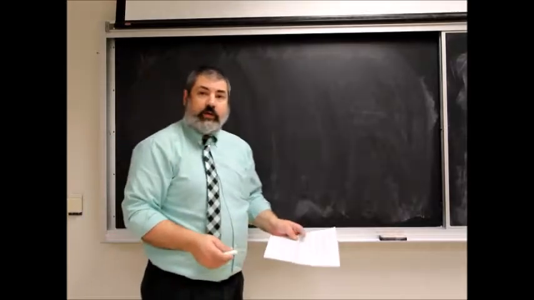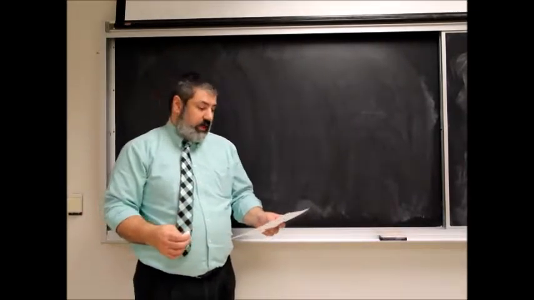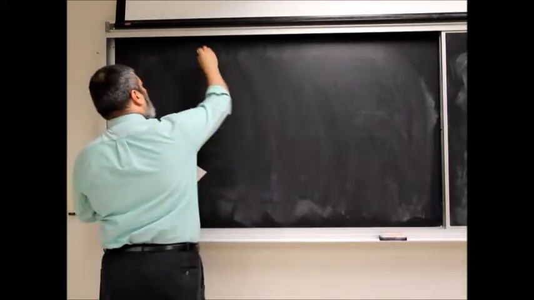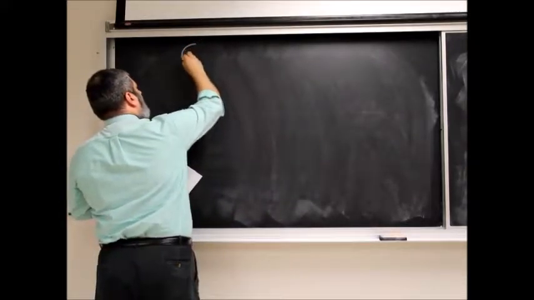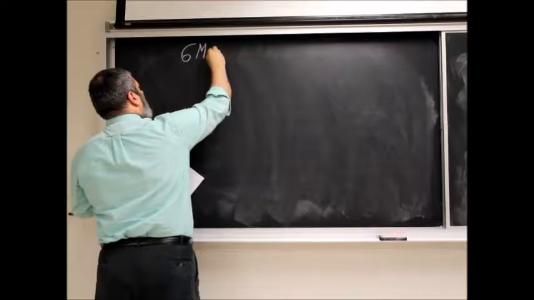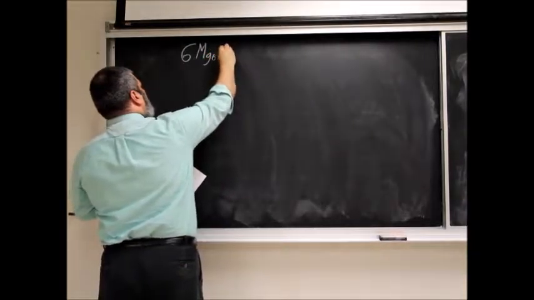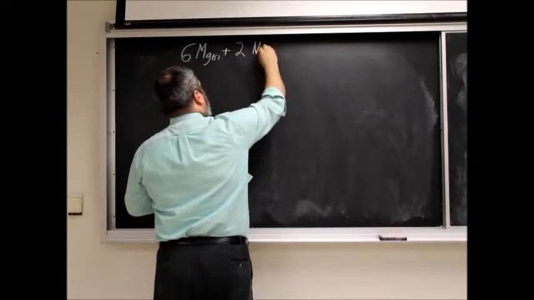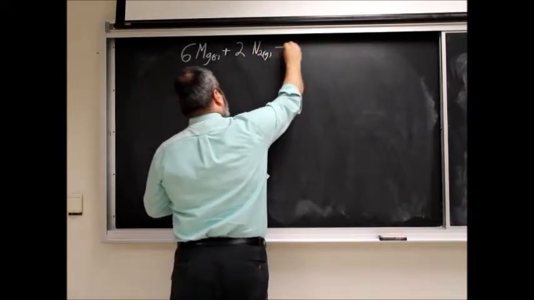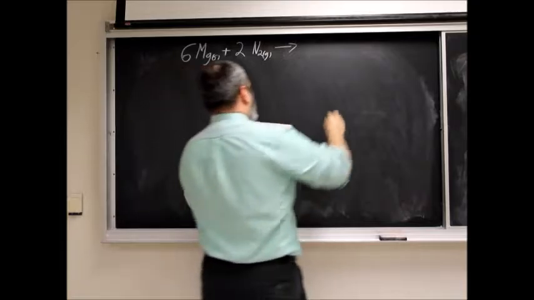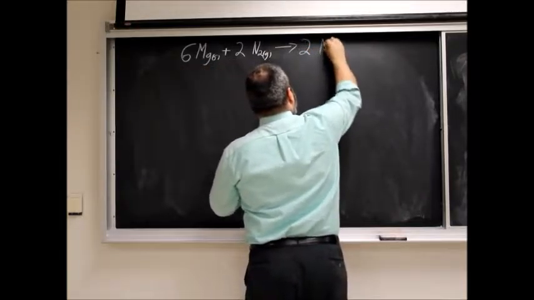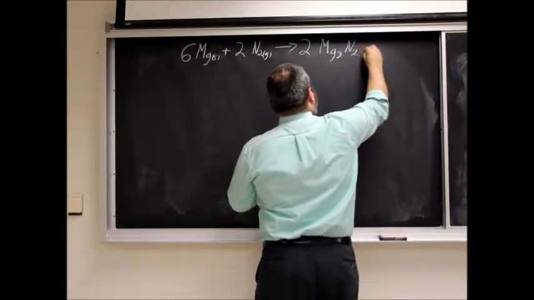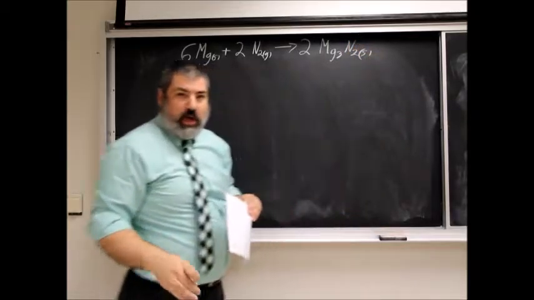Okay, so I'm going to work through problem number 3 from the quiz. This was a stoichiometry problem. 6 moles of magnesium will react with 2 moles of diatomic nitrogen gas, to form 2 moles of Mg3N2, magnesium nitride.